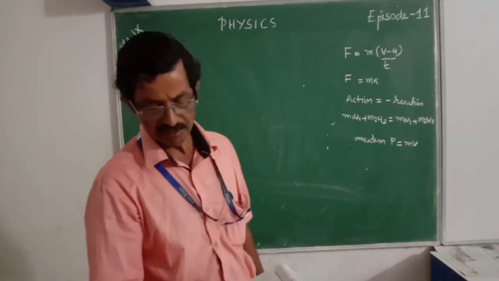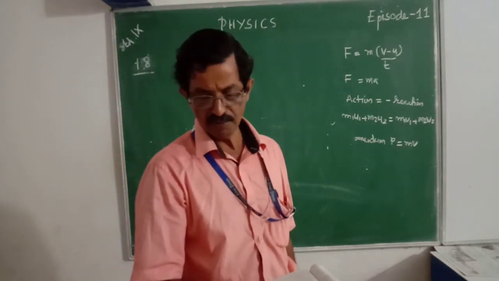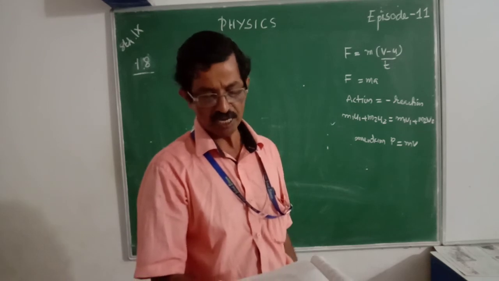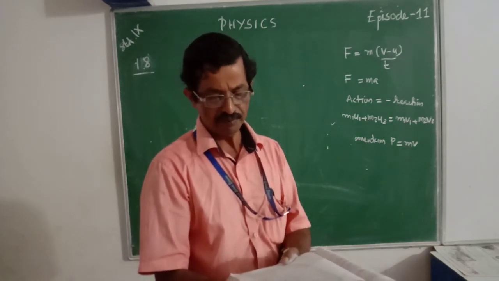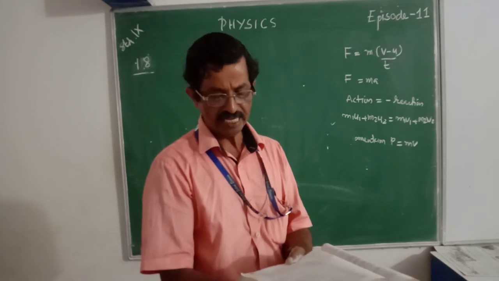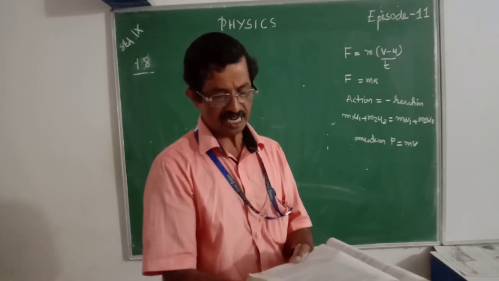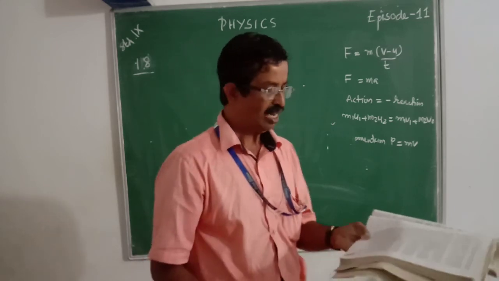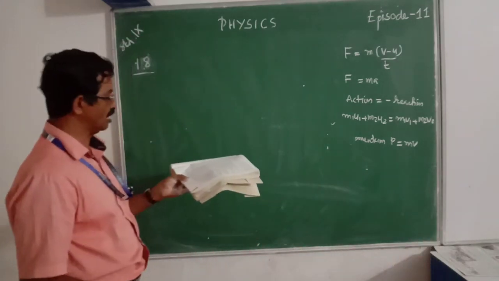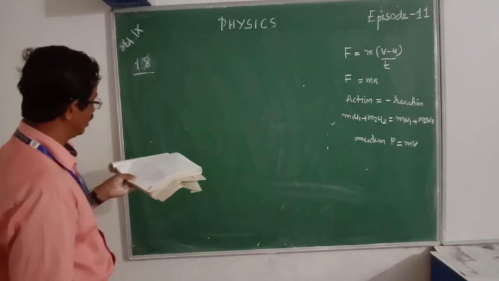How much momentum will a dumbbell of mass 10 kg transfer to the floor if it falls from a height of 80 cm? Take its downward acceleration as 10 meter per second square.